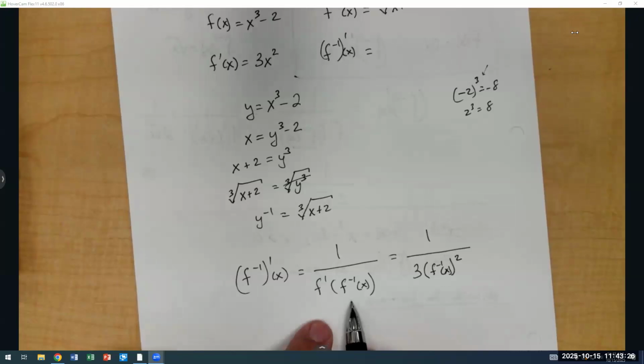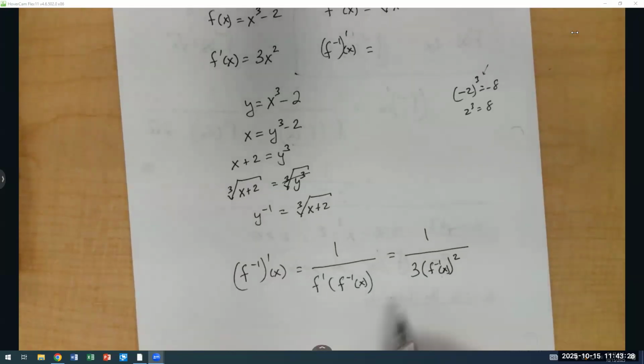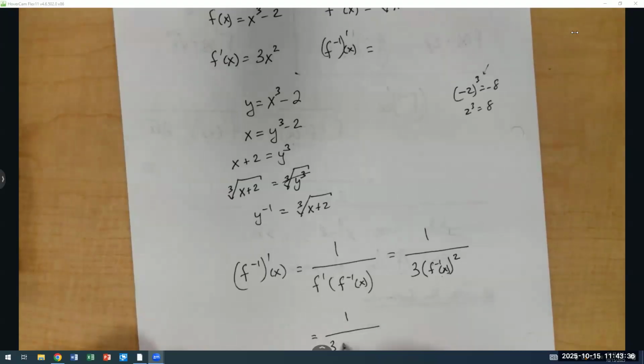That's what that is. f inverse is 3 times the cube root of x plus 2, squared.